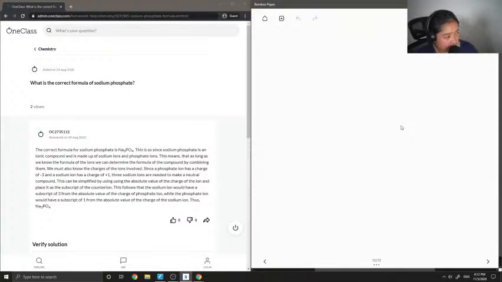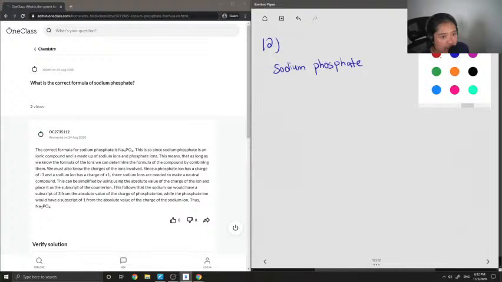Okay, so let's look at question number 12. What is the correct formula for sodium phosphate? So let's try to break this apart into what their ions would look like.